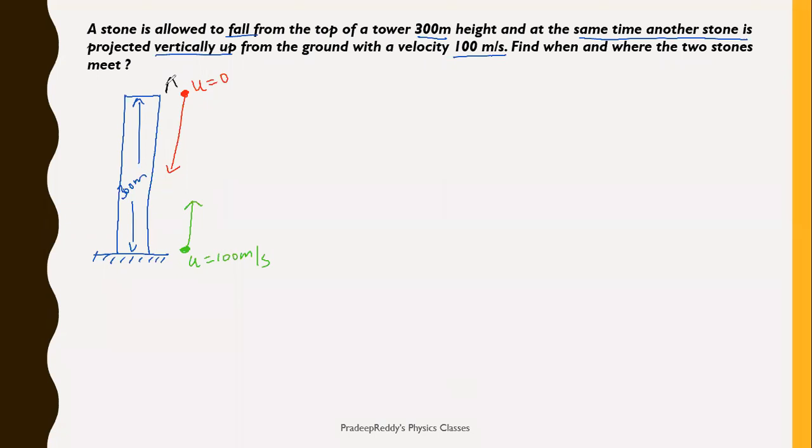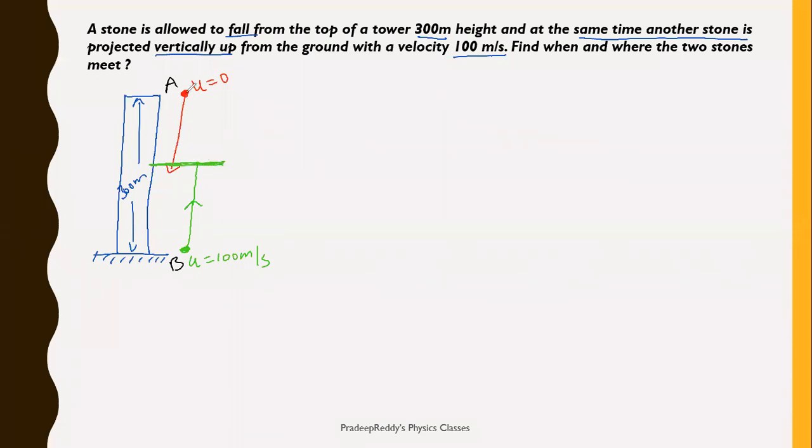Now let me take this as object A and this as object B. Body A is falling freely. Body B is thrown vertically upward with initial velocity 100 meter per second. Now when these bodies are traveling, this goes up, and when it is coming down, at one particular point, this is the point where they are meeting.